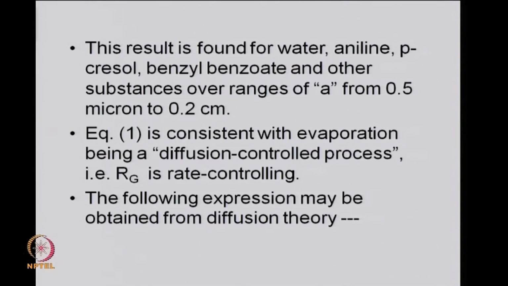The same result is found for other liquids besides water, for aniline, paracresol and so on, for a range of radii from half a micron to even about 2 millimeters. That goes on to prove that we are definitely not in a region where there may be other considerations.